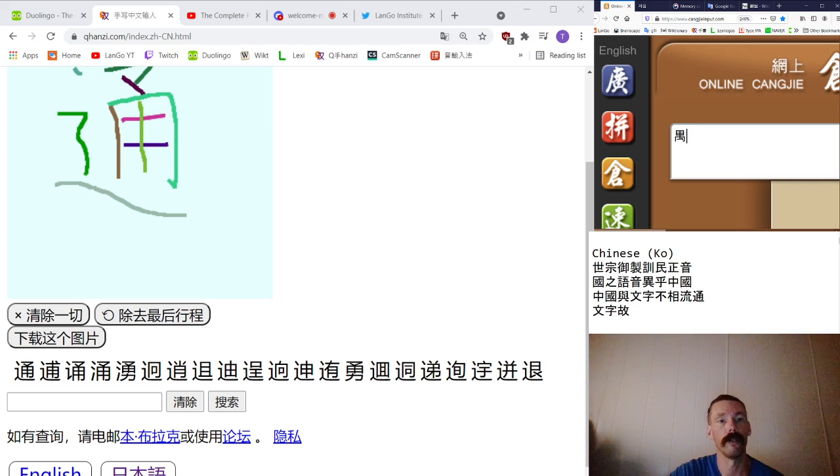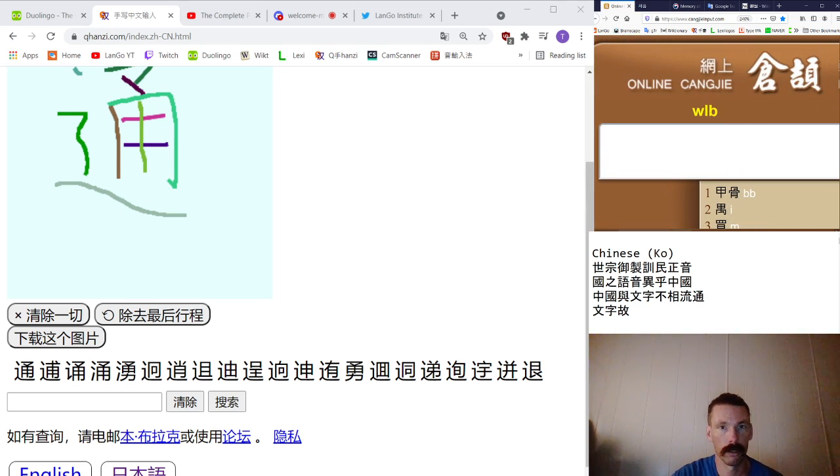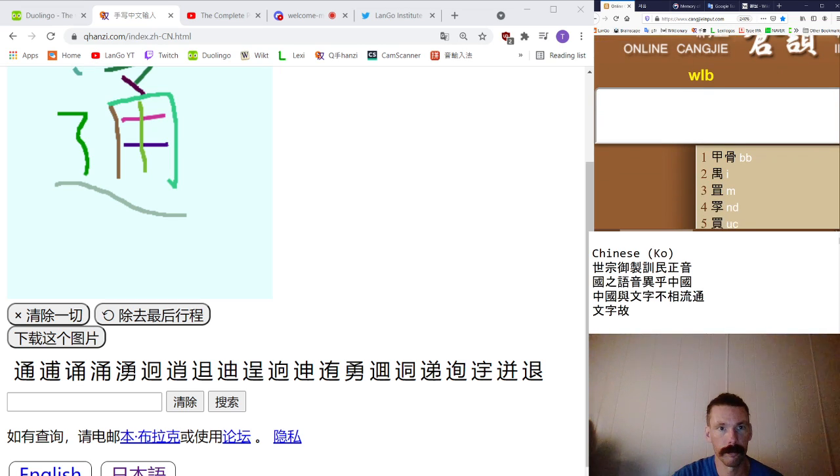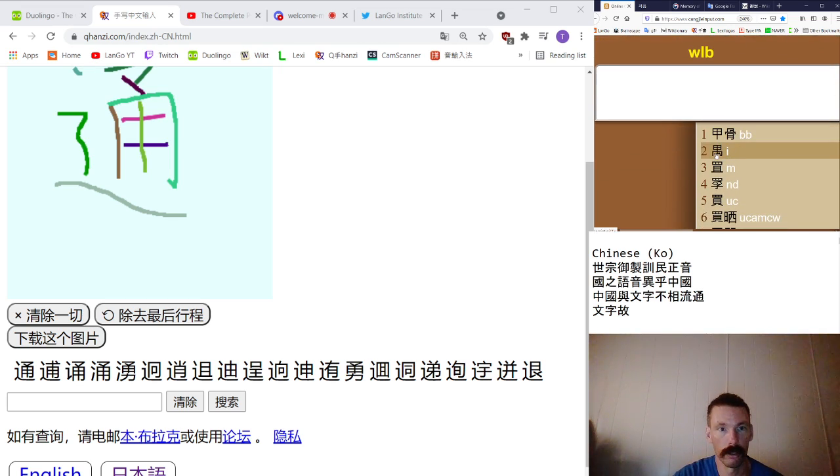Yeah, there it is. Here's the full shape. It's number 2 here. W, and then the straight line down, L, a B enclosure, and the M variant of I. W, P, P.